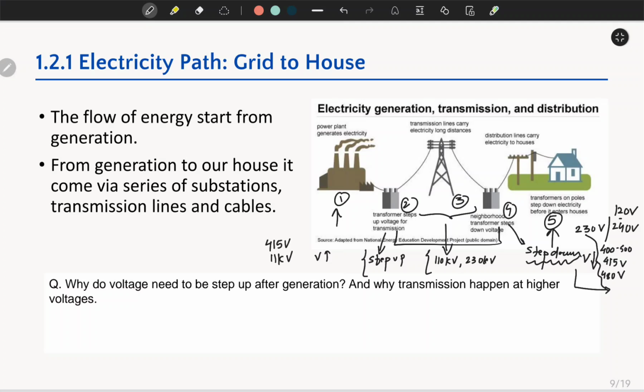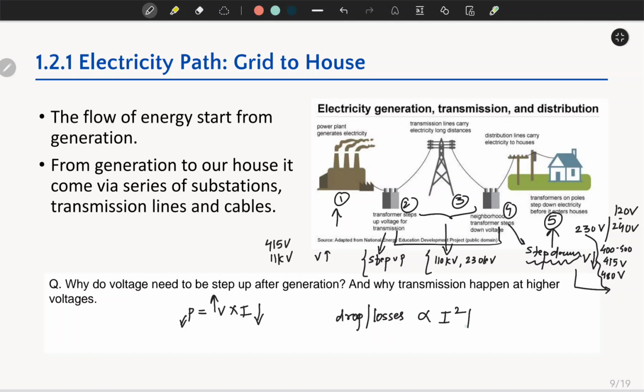Now, the answer to the question why do I need to step up is from the power equation, that we know: power is equal to voltage multiplied by current. Now, naturally, for the same power generated, if I am increasing the voltage, the current will automatically decrease. And we know the voltage drop, or I would say losses, are proportional to the square of my current.